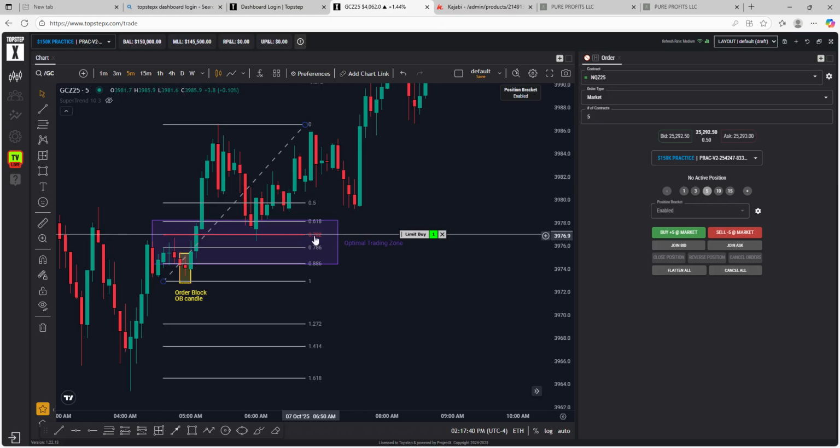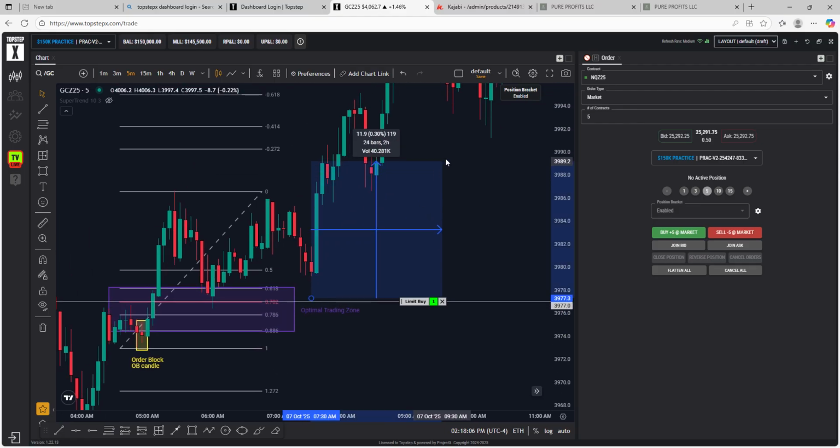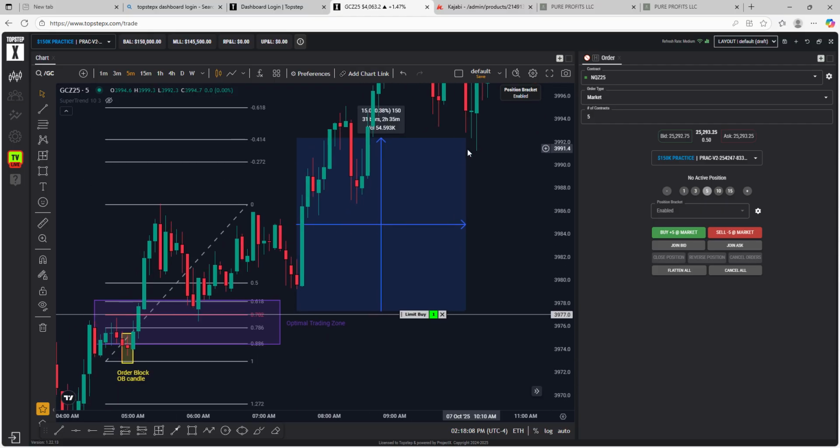So with this at this 702 level, my wick of my OB candle is not touching it. However, this also increases your risk. So instead, you're risking $410, which is still fine, to still gain the plus 1,000, plus 2,000.